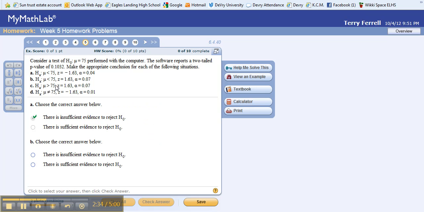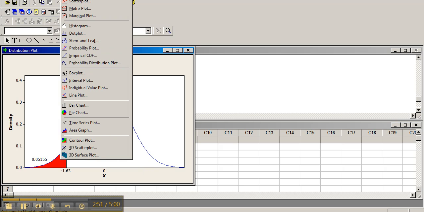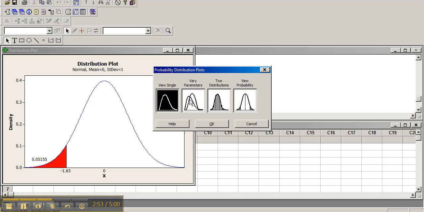Mean is less than 75, so it's still a left-tailed test, but notice they have z is equal to 1.63. It's still a left-tailed test. Well, what's going to happen here, my 1.63 is on this side, so I really don't have to run the test, but since I'm doing it, I'm going to go ahead and run it. So 1.63 here.